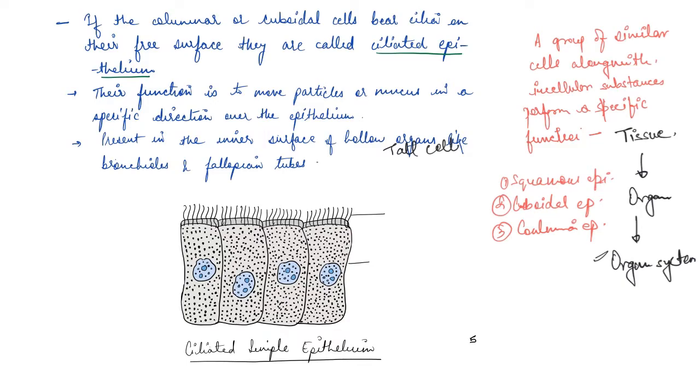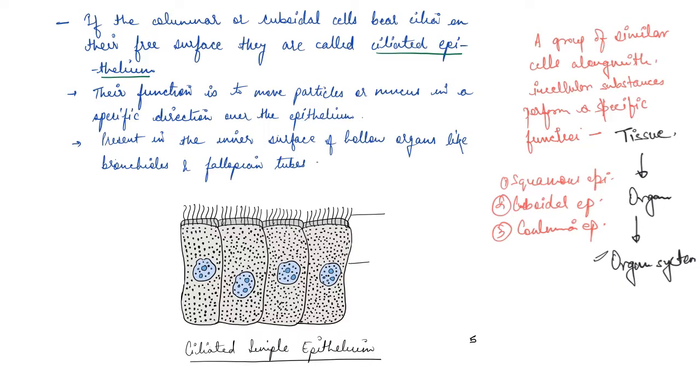So the function is to move particles or mucus in a specific direction over the epithelium. These are mainly present in the inner surface of hollow organs like bronchioles or fallopian tubes.